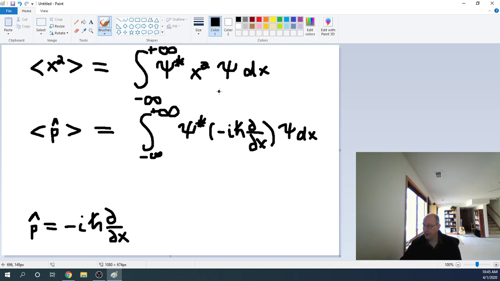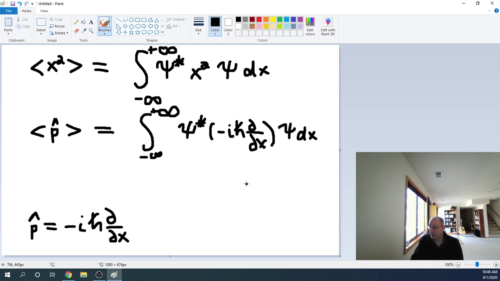The other thing that I'll mention is this operation here, finding the momentum of this particle, of this state here. Let's say I have a particular wave function.